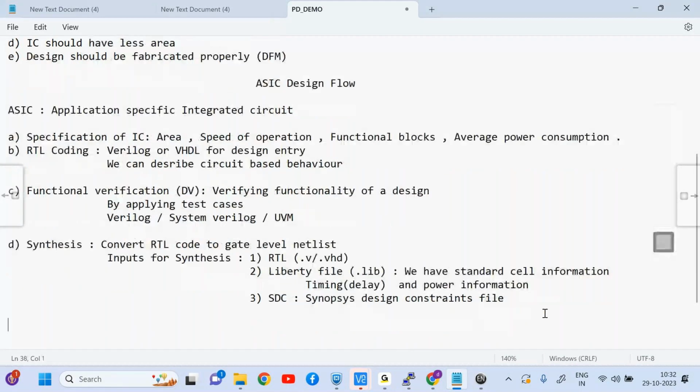In this file we have timing constraints. Timing constraints mean my design should work within this clock frequency. Mainly here we are going to specify the clock frequency.